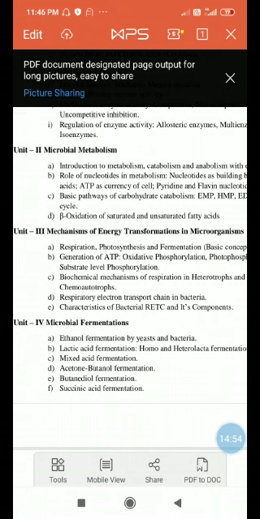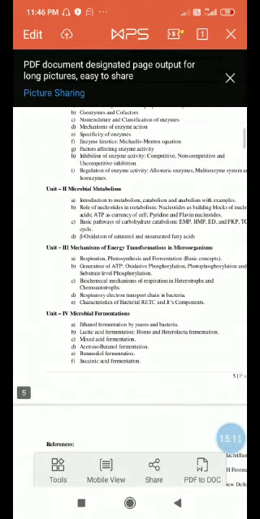Mixed acid fermentation, then acetone butanol fermentation. Next, butanediol fermentation, and last, succinic acid fermentation. This is all about the syllabus of paper number 12 and paper number 13.